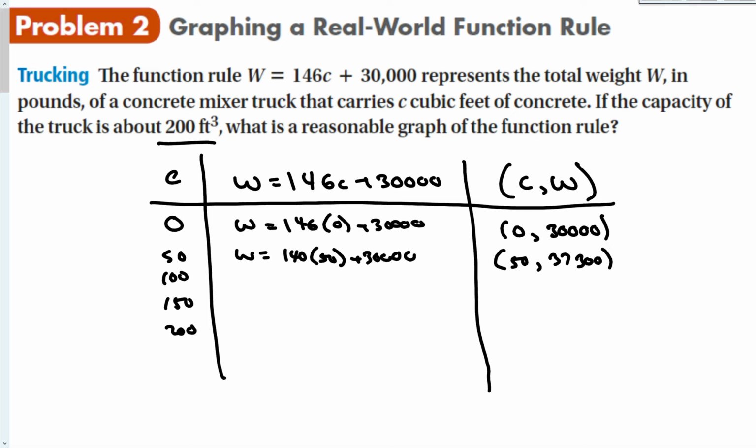No, you can pick any inputs that you want. It makes sense to me to go by 50s, so I only have to do 4 calculations and I'll get nice data to make a nice graph. 146 times 100 plus 30,000 gives me input of 100, output of 44,600.